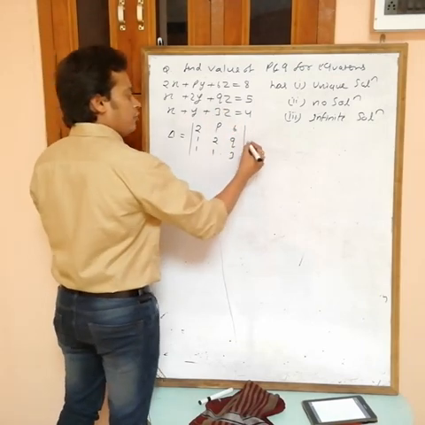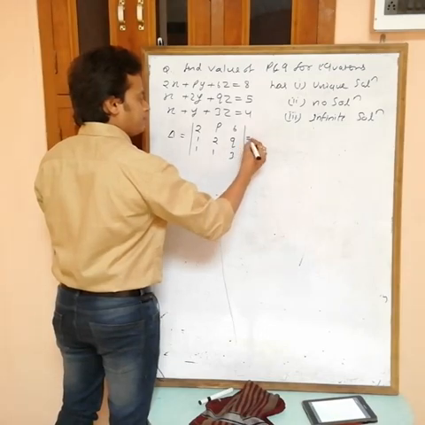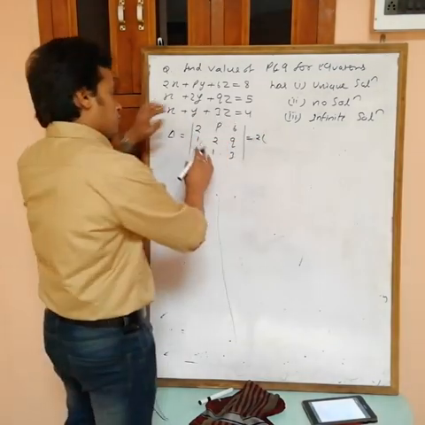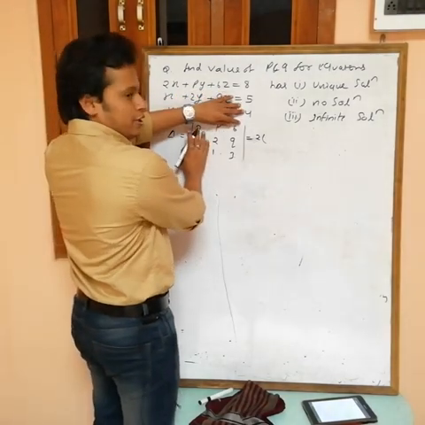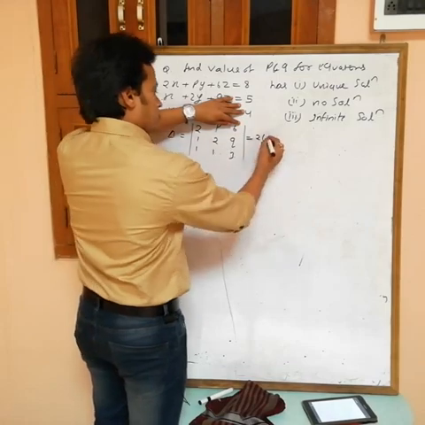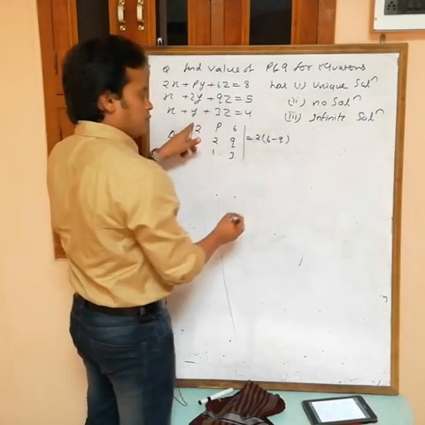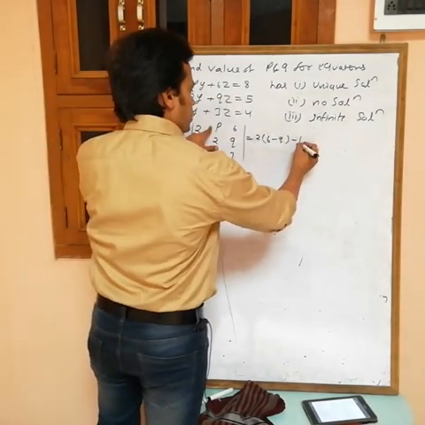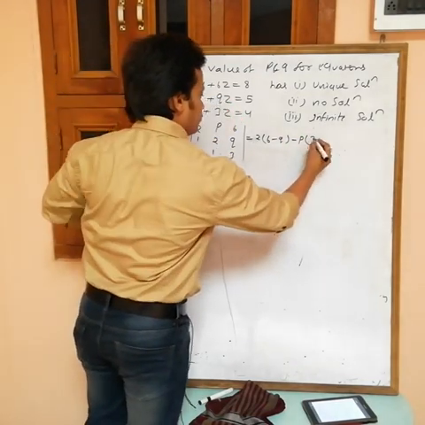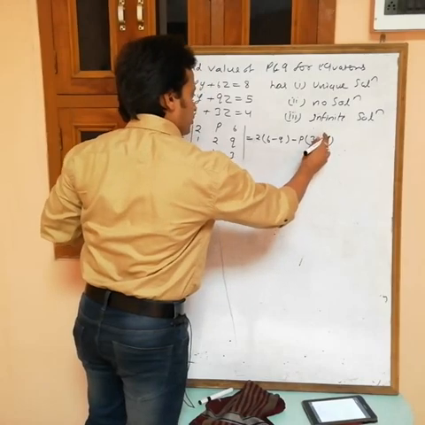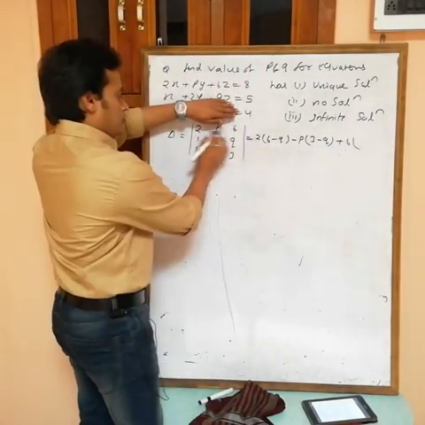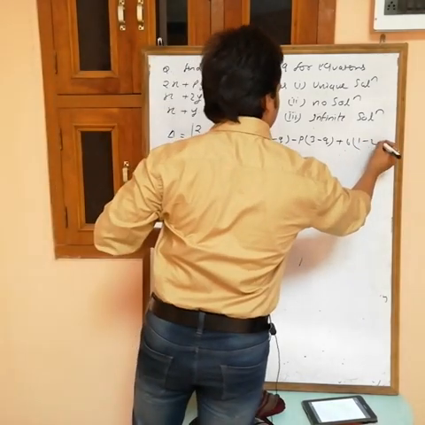Now expand. I am expanding with respect to the first row. So 2 multiplied by its minor, it means cofactor, 6 minus q. The sign is positive for this one, and negative for this one, minus p, hiding the corresponding row and column, 3 minus q. And after that plus 6 into 1 minus 2.